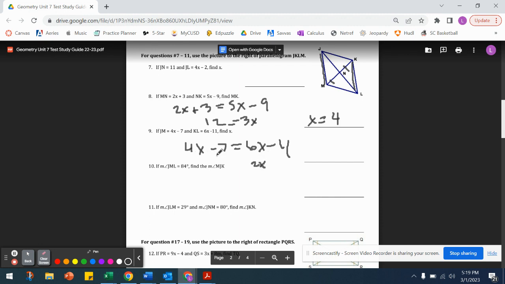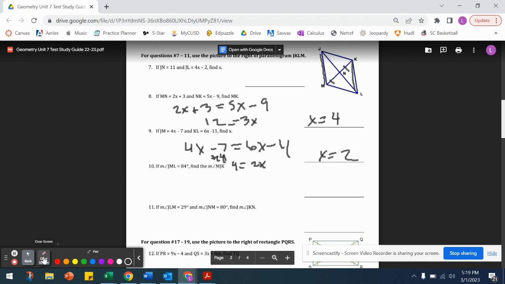If I add the 4 over, that's going to give me what? Oh, this is 11. Sorry, I wrote that down wrong. So it's plus 11, so it's going to give me plus a 4. That way I don't get a decimal.